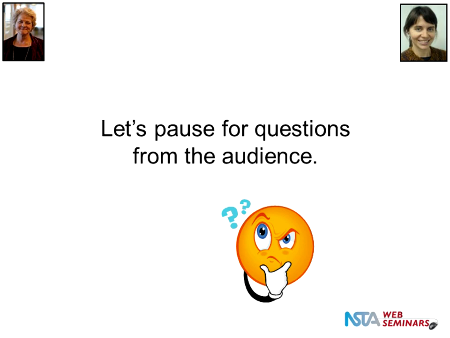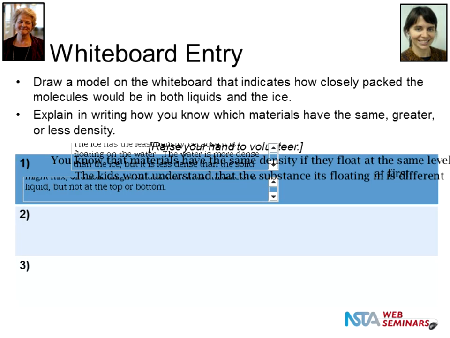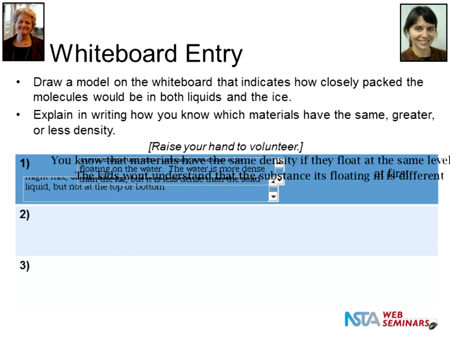So what I'm going to ask us to do for a second is go back to this slide where we wrote about the whiteboard entry, and just remind ourselves that we made some individual observations, we talked to our partner, we wrote some stuff, we drew pictures, and we actually took a moment to write down some explanations for this density.